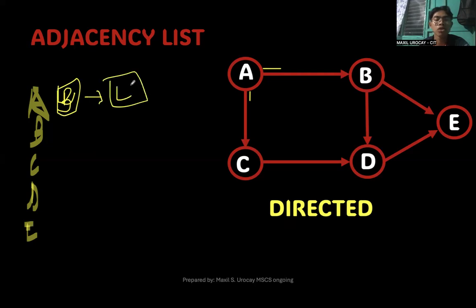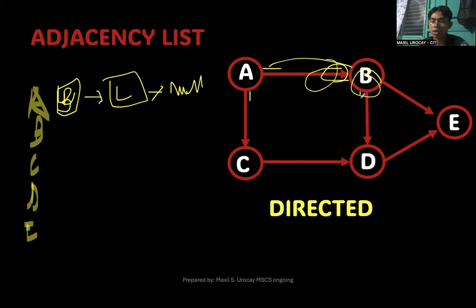As I mentioned earlier, this must point to null, since there were only two here. So let's move on to B. A is not adjacent to B, I mean, A is not in B's list, since there's no path from B going to A. That is an incoming arrow, so that's not counted.